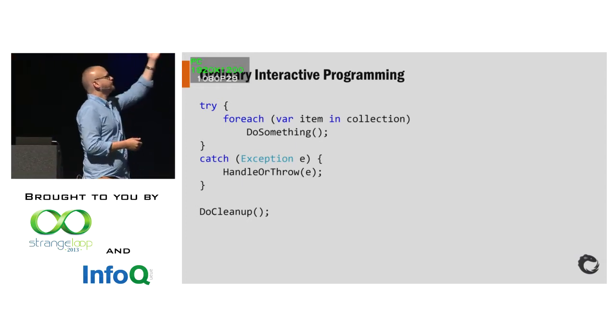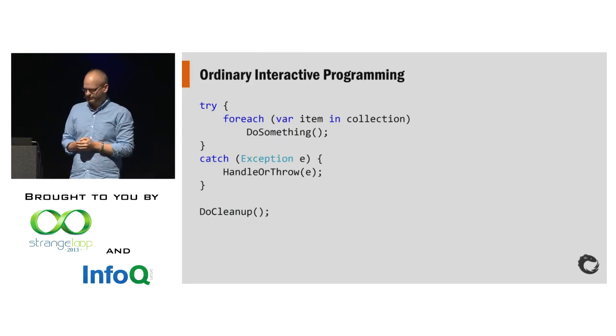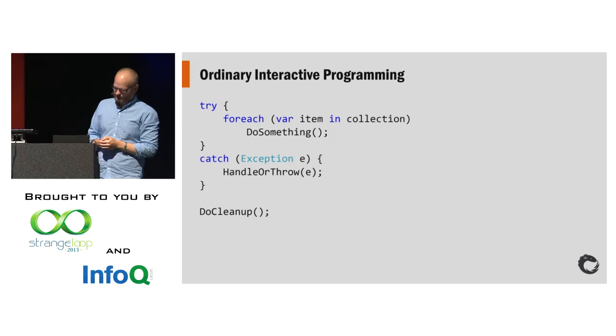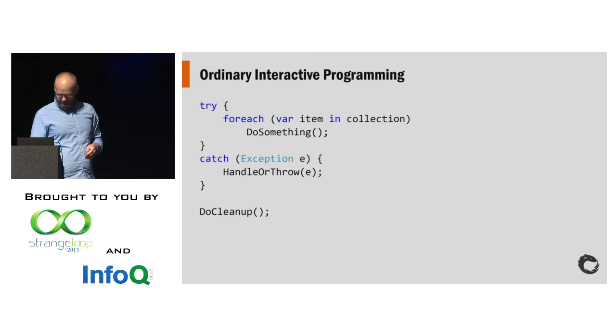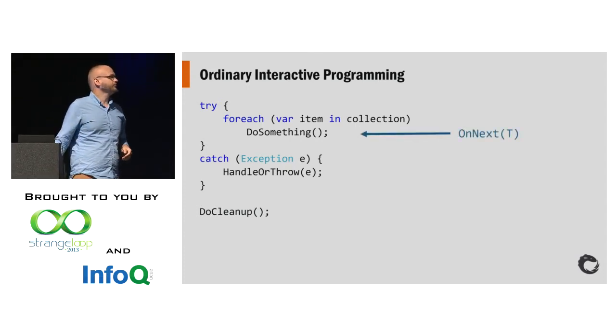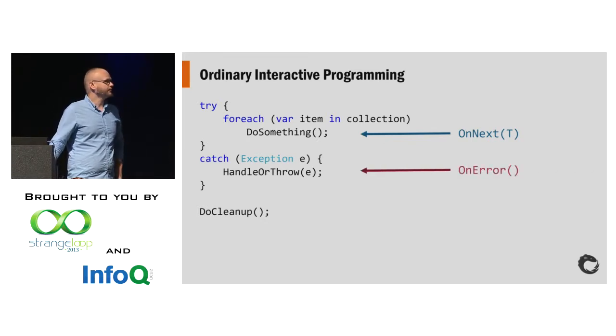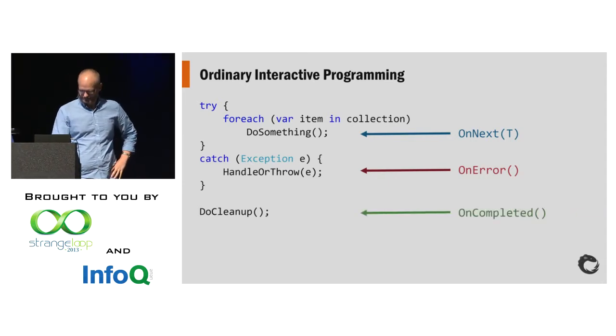What you try to do is pull an item from the collection, do something with it, catch an exception or rethrow it, and then do some cleanup at the end in the finalization. And those concepts there map directly to push-based collections, where we can have onNext for any new items that come through, onError for any optional error handling, and onCompleted for any cleanup that we do.